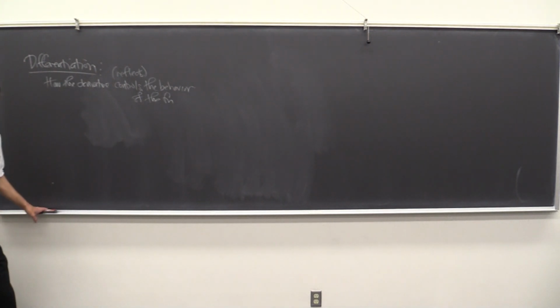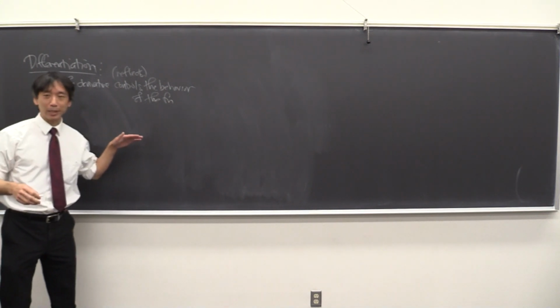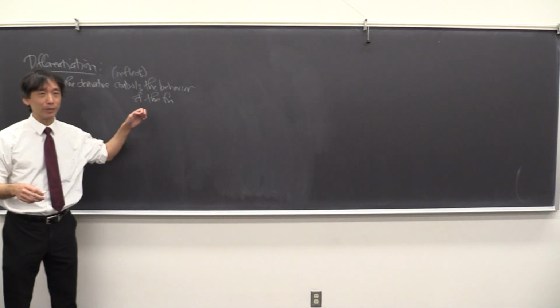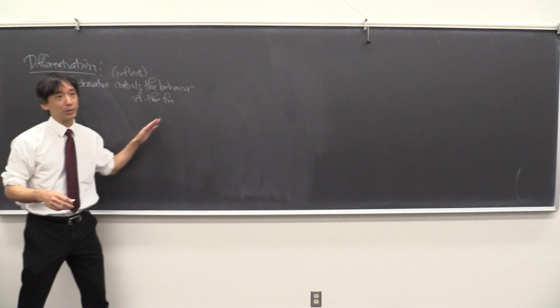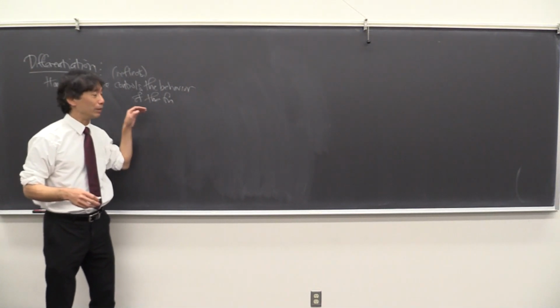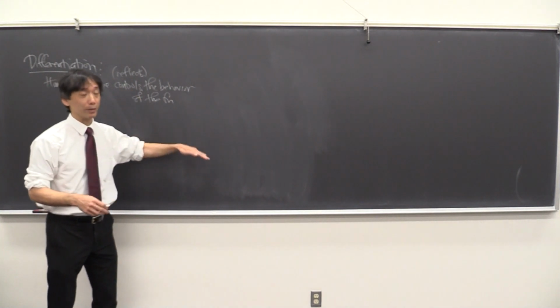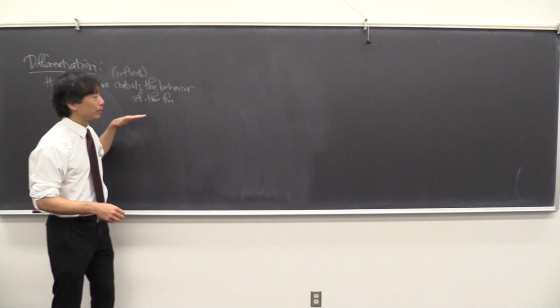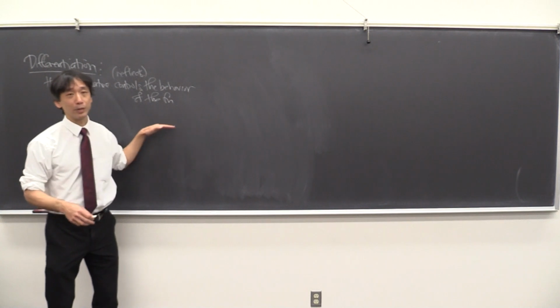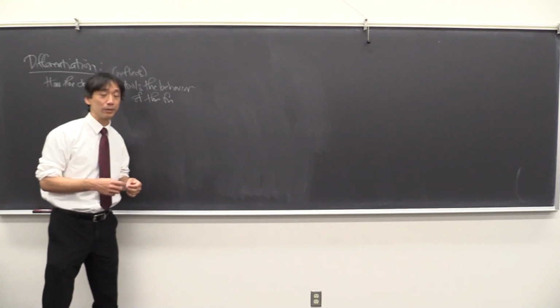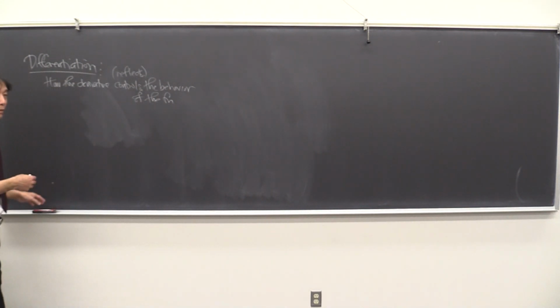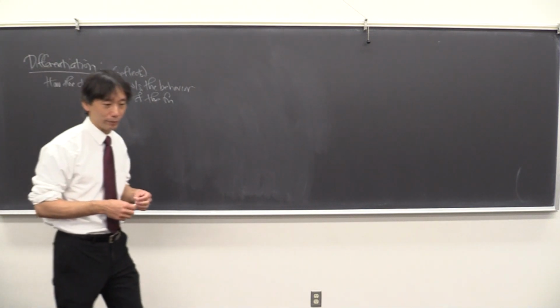The first thing we're going to talk about is things like, if you know that the derivative is always positive, then the function is going to be increasing. If you know that the derivative is always negative, you know the function is decreasing. If you know the derivative is always zero, you know that the function is flat. These sorts of things will, as usual, be put on a more solid footing.